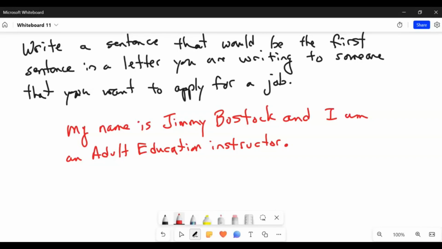That's good. I like that. My only critique of that would be that the beginning would probably be the salutation. You would start your letter, Mr. Bostock, and you would put a colon typically, and then your sentence would say, my name is. Okay, good.